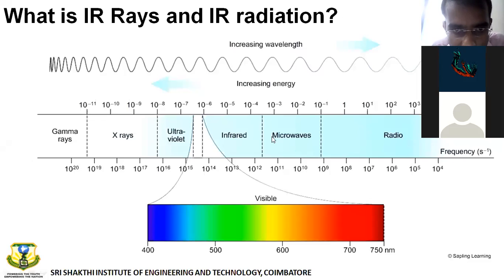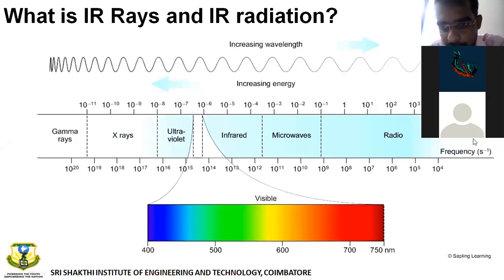The same microwave oscillator, when you increase its frequency, results in the production of infrared waves. Then comes visible light, from 400 nanometer to 750 nanometer in the band. Then comes ultraviolet rays, then X-rays, gamma rays and so on. So this is an electromagnetic spectrum.